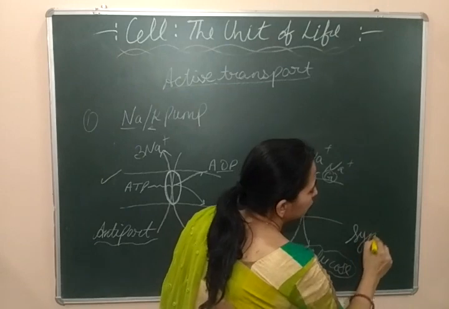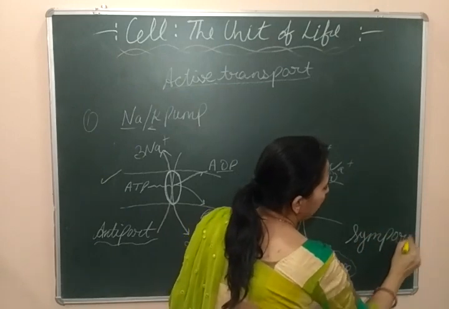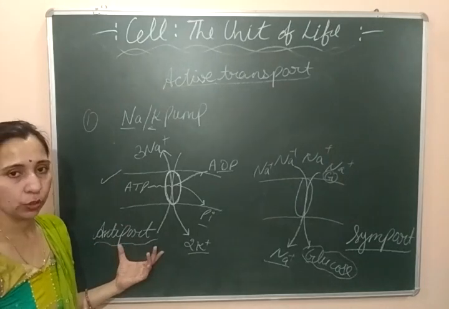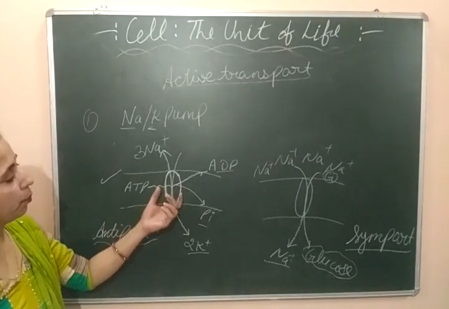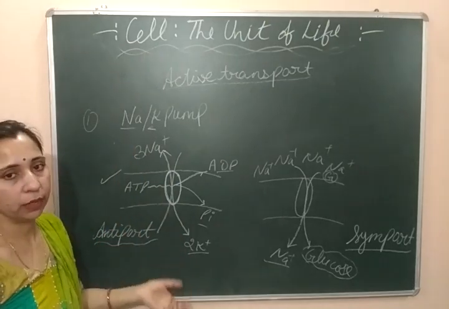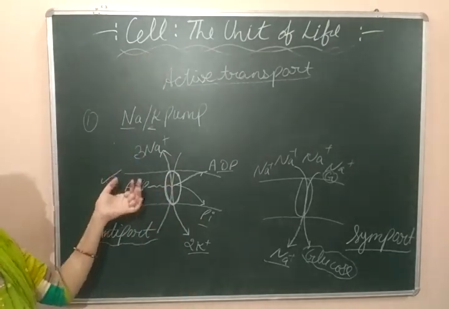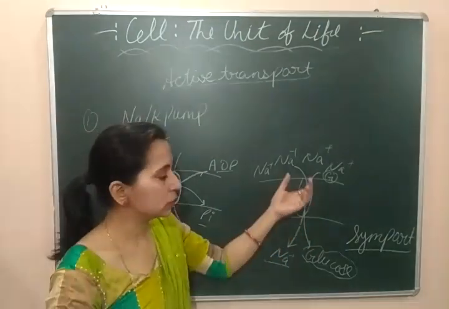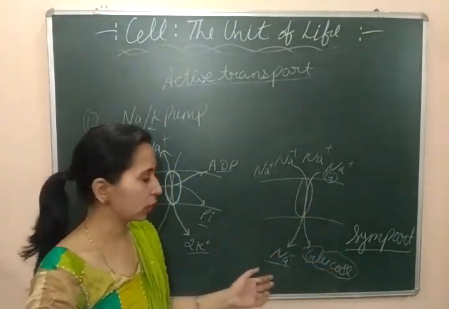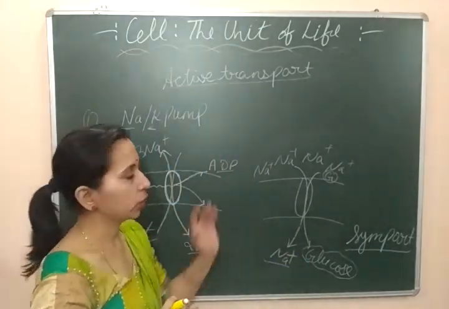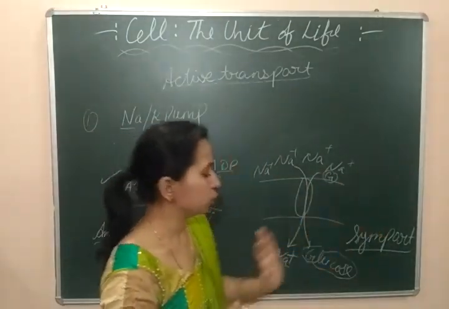So here we learn two new terms, that is antiport and symport. Antiport is the transportation of two substances by a protein in the opposite direction, where one substance comes inside and one substance goes outside the cell. And when both of the substances are moving in the same direction, then this type of transportation is known as symport.